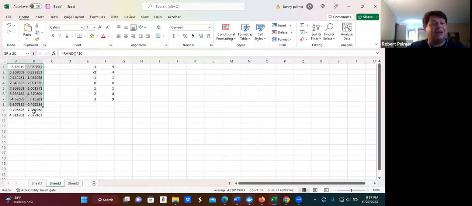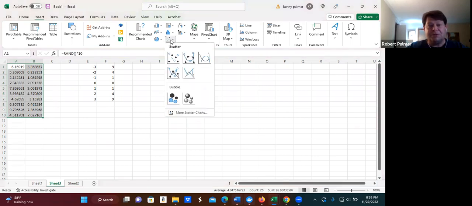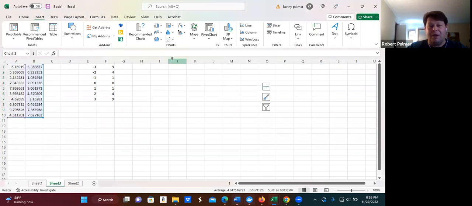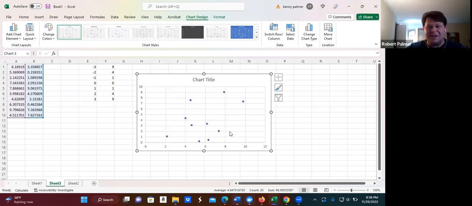What you want to do is just highlight those values, go to Insert, over to Charts, which is Scatter, and you just pick the first one. So this is the scatter plot of those values, and you don't really see much of a pattern there. Maybe it looks like a slight upward trend, but not much.